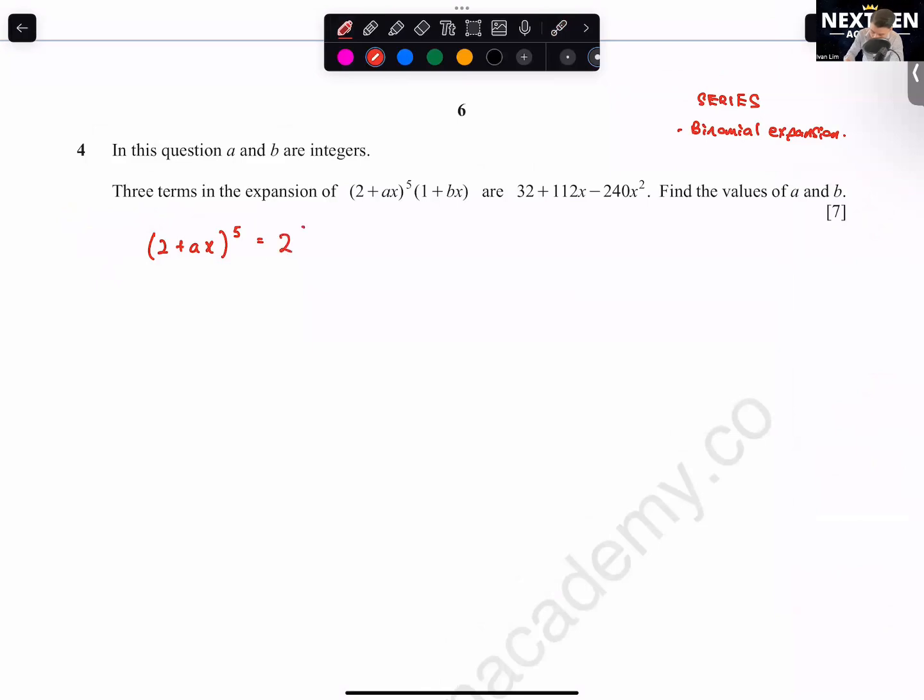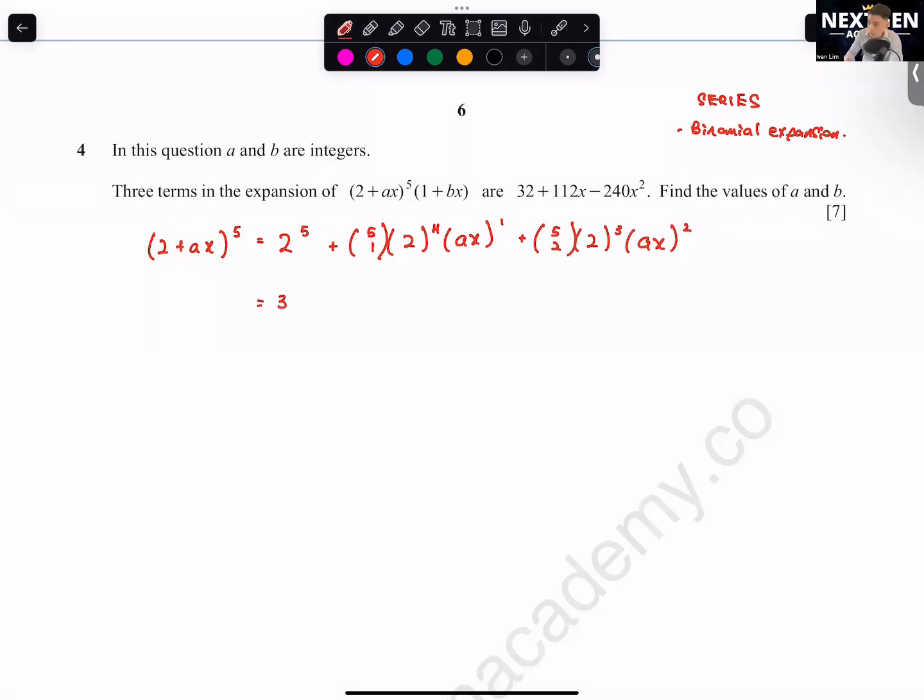So when you expand it, you'll get this 2 to the power of 5 plus 5C1 2 to the power of 4 ax. Okay, I like to write the 1 here also, so I can just check the power always. Then 5C2 2 cube ax squared.